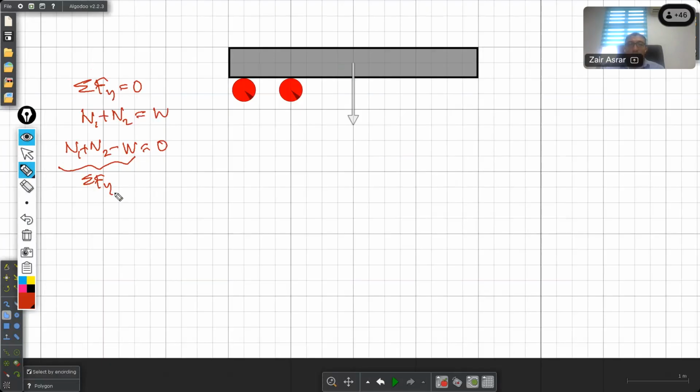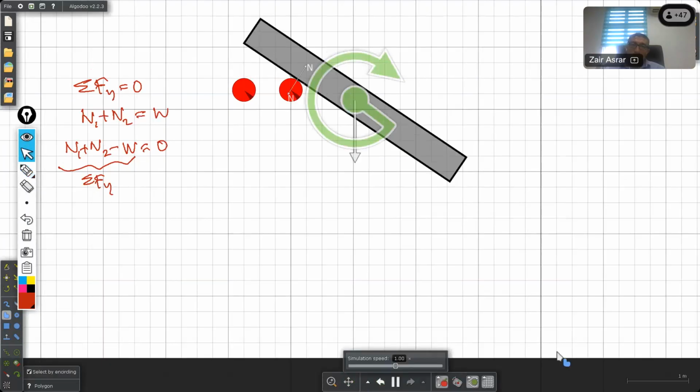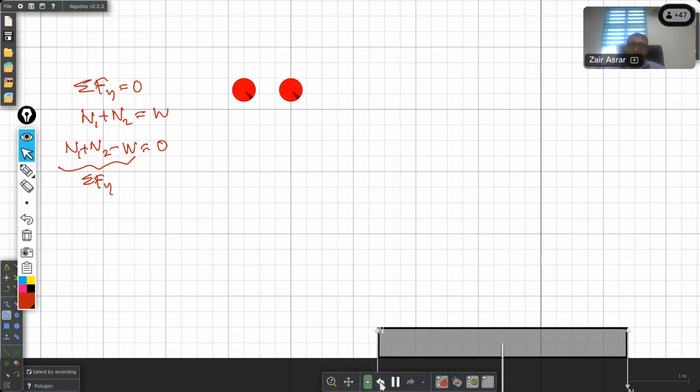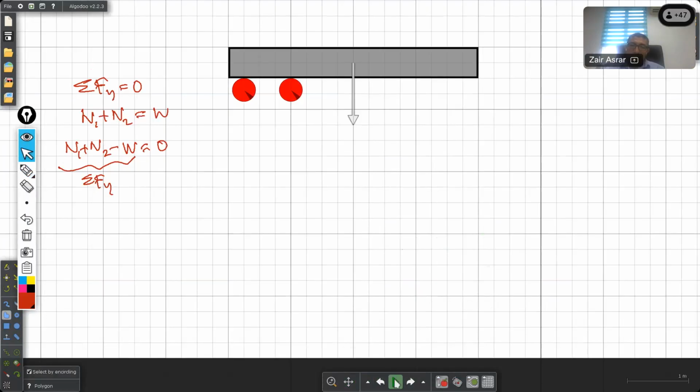Now, we have a possibility of the object, which in this case is a rigid body, moving, even though it fulfills the equilibrium condition of summation of force equals 0. So let me repeat again. Summation of force still equals 0, but summation of something is not equal to 0, and that something is causing this object to move.